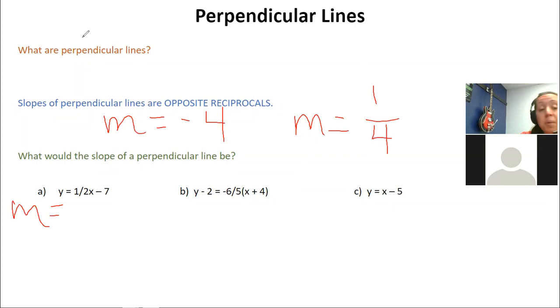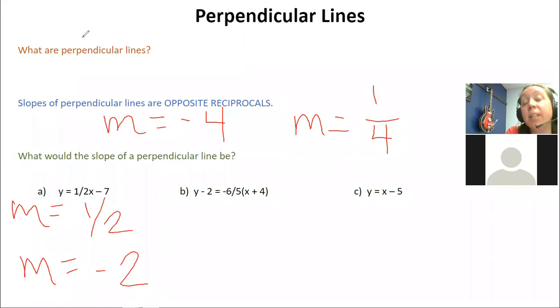That's what it would have to be, Piper. Yep. That's what it's going to have to be in order to be perpendicular. But what is the slope given as? 1/2, yeah. So in order to be perpendicular to 1/2, it would have to be -2, an opposite reciprocal.